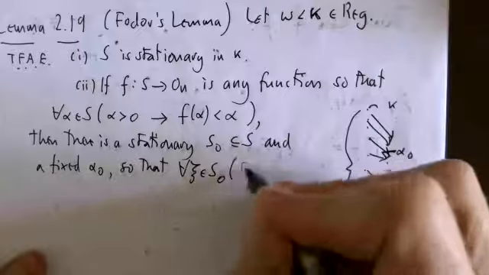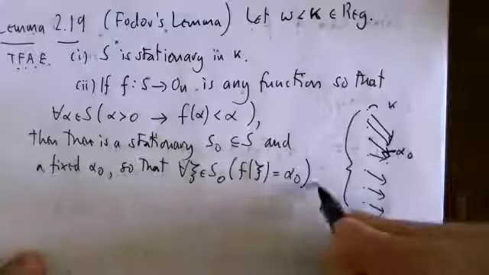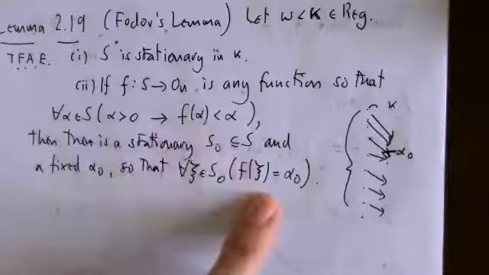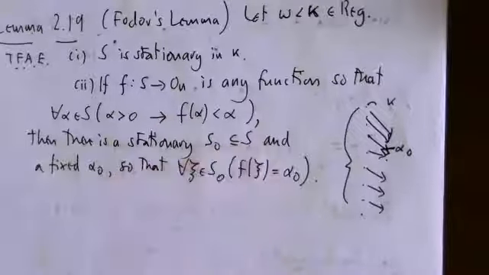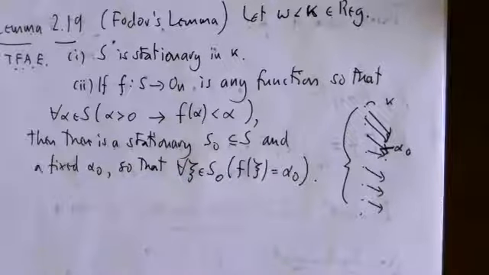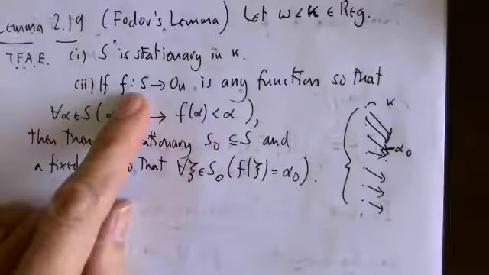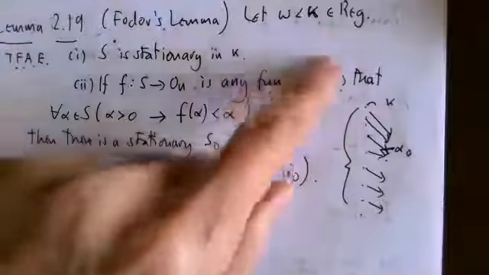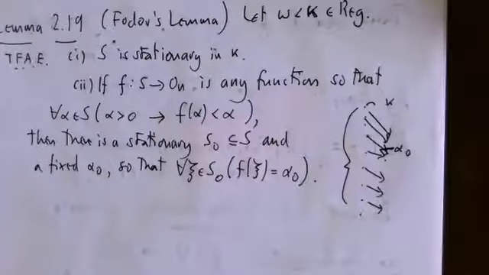So for all psi in S0, f of psi is alpha 0. So it's not just that it's pressing down, it's constant on a semi-thick subset of this semi-thick set. In particular, if F is pressing down on a closed unbounded set, it's sending a stationary collection of points to one point. So it's constant. I'm tempted to say almost everywhere. It's constant on a semi-thick set.